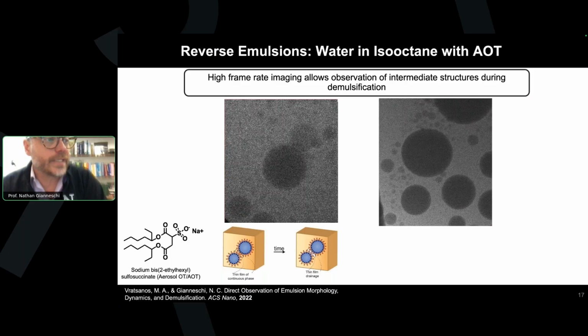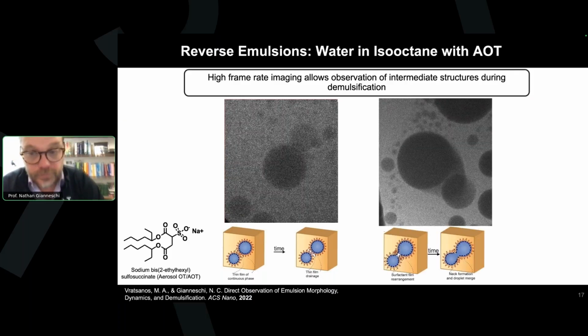In this case of coalescence, we can capture that process at hundreds of frames per second, for example, with excellent contrast. So these are the reverse emulsions, the beginnings of looking at dynamics, just as an example of that. I've always liked this image as you're capturing that moment of coalescence between these particles, and that can be looked into more deeply.